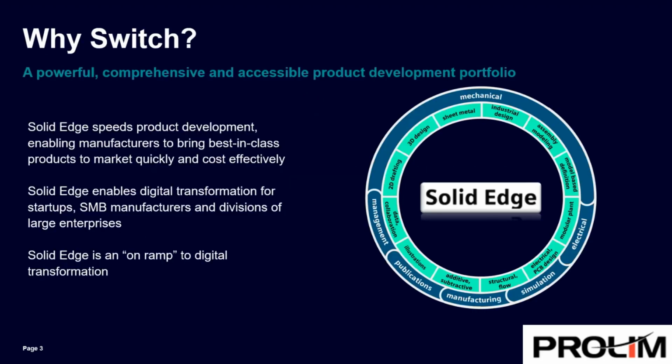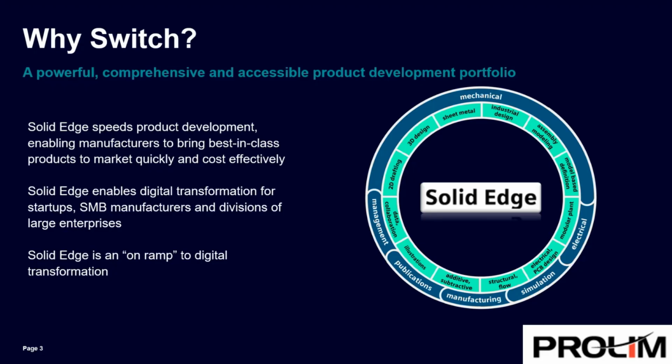Let's start by giving some basic information. Solid Edge is a key part of the Siemens Accelerator portfolio, and it focuses on the requirements of small and mid-sized manufacturers. Solid Edge enables manufacturers to create a comprehensive digital twin of their products and includes solutions for mechanical design, electrical design, simulation, manufacturing, and technical publications.